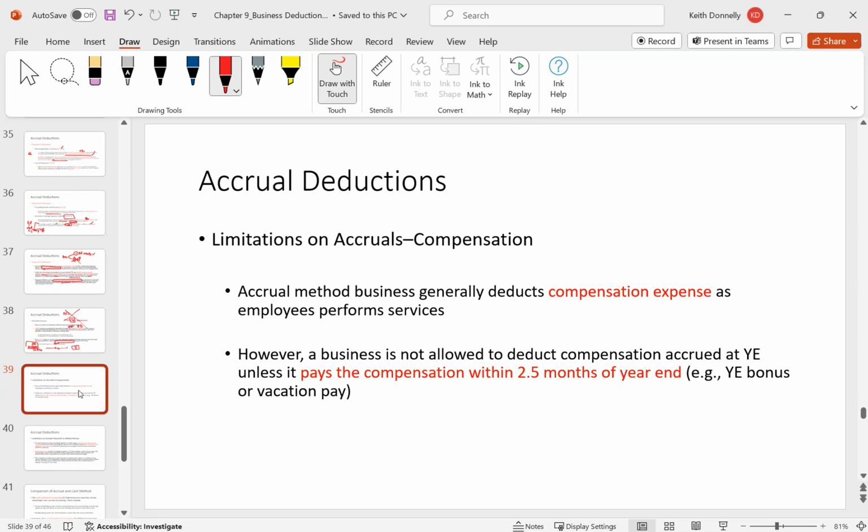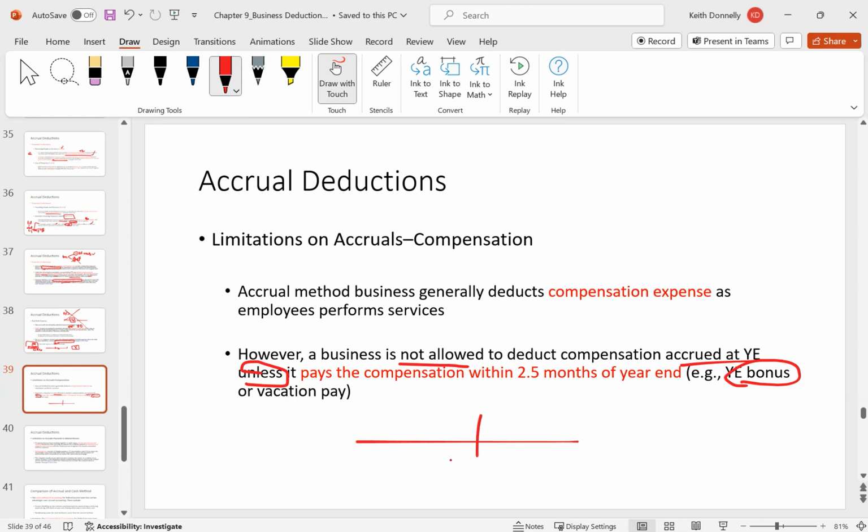A couple other limitations here. Be aware of that accrual method. Businesses generally can deduct compensation as the employee performs the services. However, not allowed to deduct compensation accrued at year end, for example year end bonus, unless they pay that compensation within 2.5 months of year end.